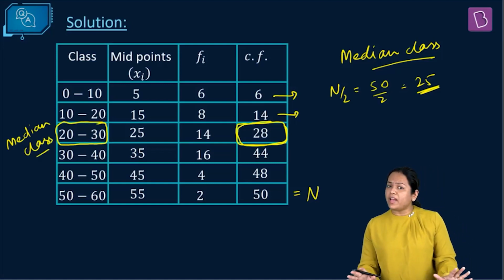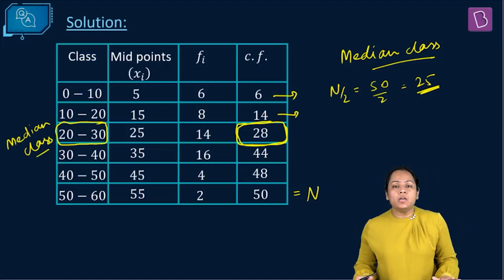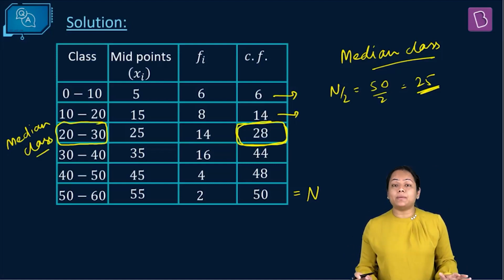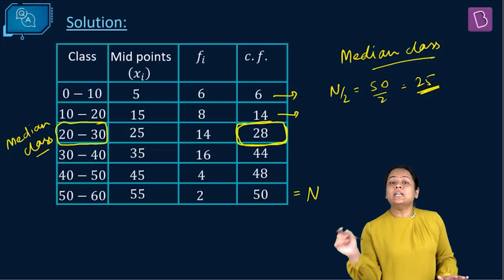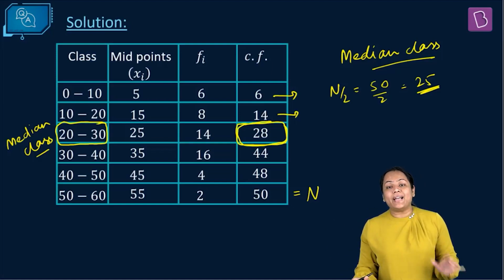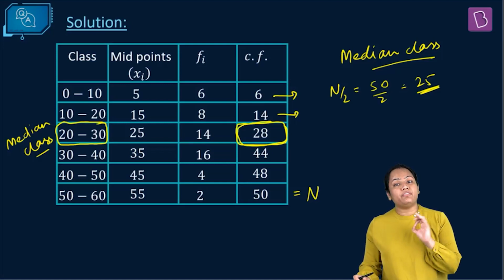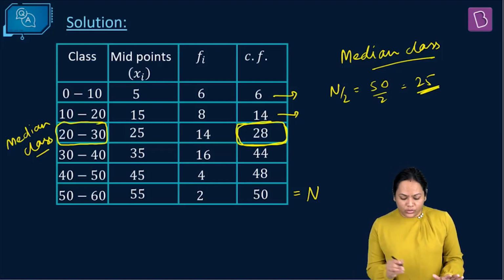Understood, guys? What we have done, let me just repeat for you. First, we are going to find capital N, which is my summation of fi. Then I will find n by 2. In this case, it's coming out as 25. Then what we are going to do? We are going to find the cumulative frequency which is greater than n by 2. It came out as 28.